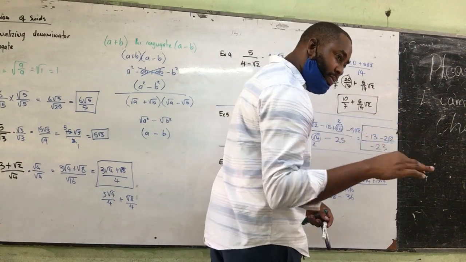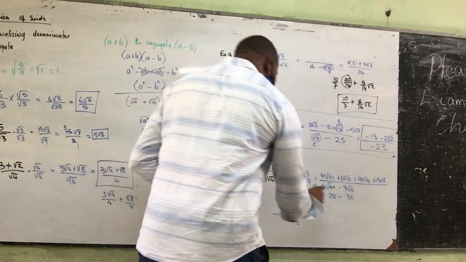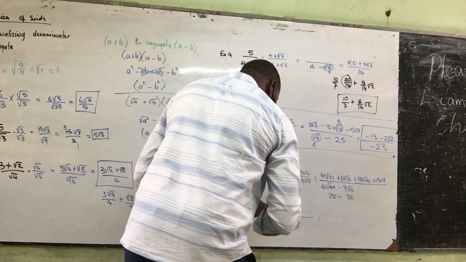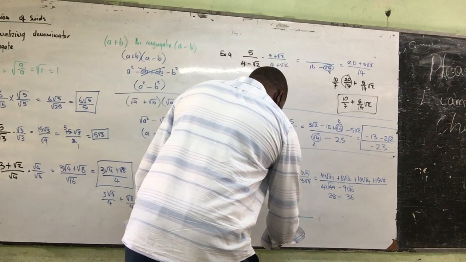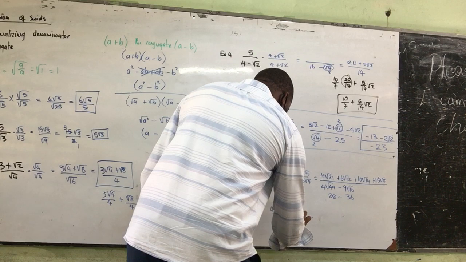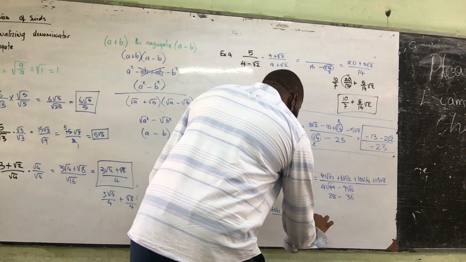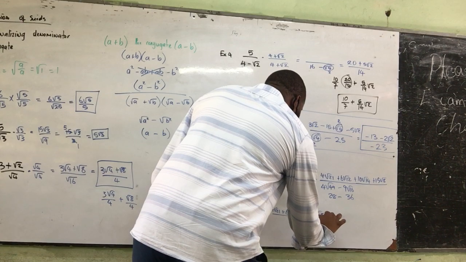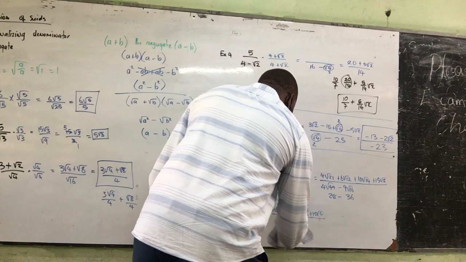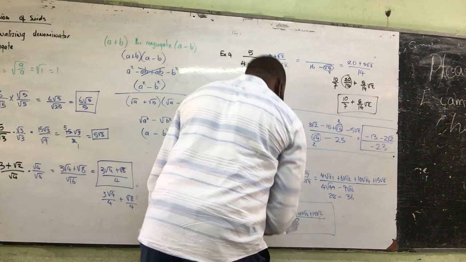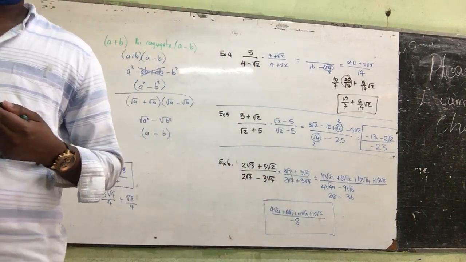That's what you could do, but it's unnecessary. So just write that back: 4 root 21 plus 6 root 12 plus 10 root 14 plus 15 root 8, over negative 8. Final answer there. And that's it for us for today.